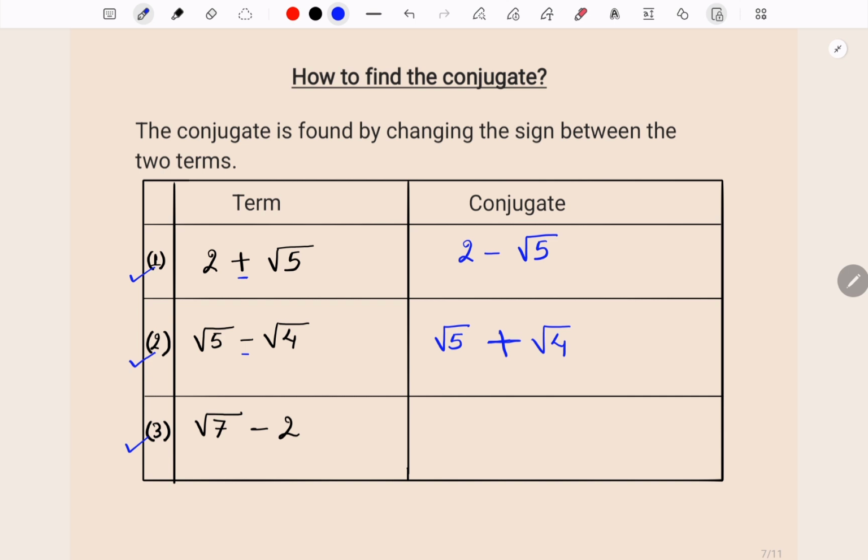And here in the third example, we have root 7 minus 2. Again, I will write the conjugate as root 7 plus 2. I change the sign that is present between the terms. So plus becomes negative and negative becomes positive.